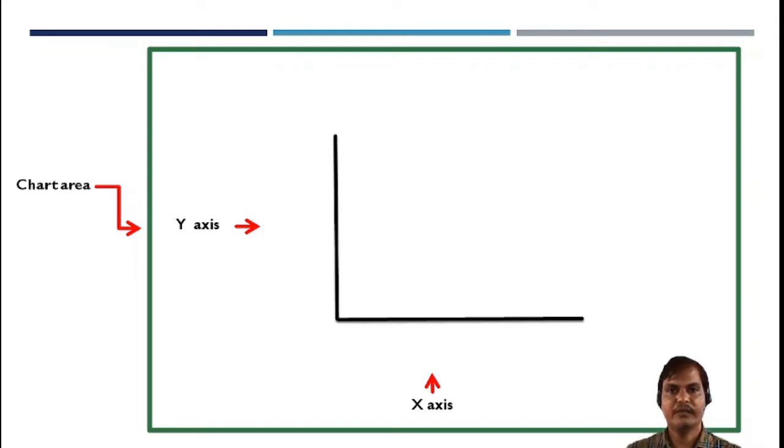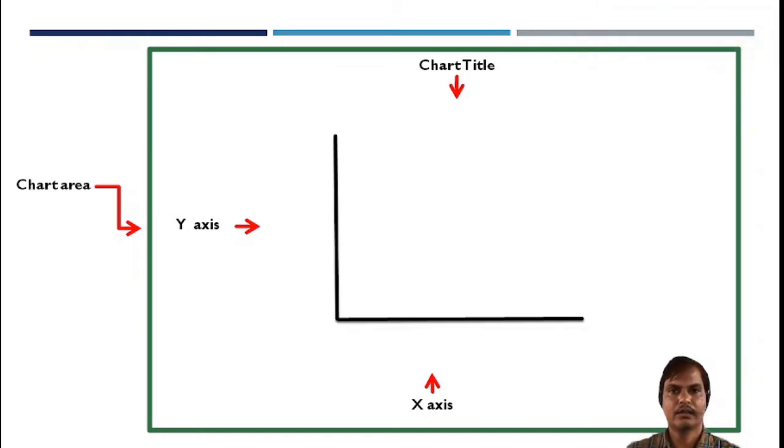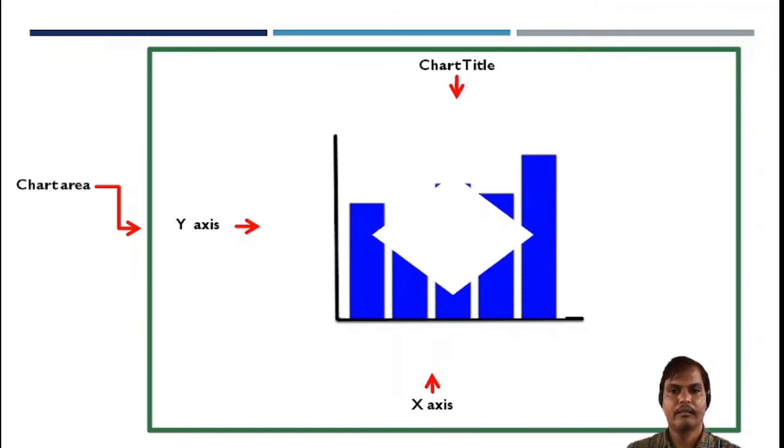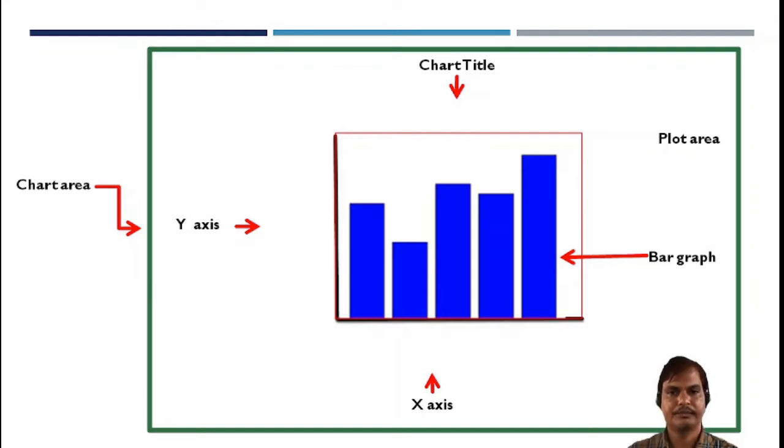At the top of the x-axis and y-axis the title will come, which is called the chart title, and inside the x and y axes we are plotting bars, right? So this area, the x-axis area and y-axis area, including the total bar chart, is called the plot area. This is the only area where you are going to plot your bar.